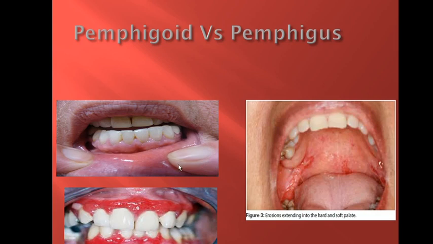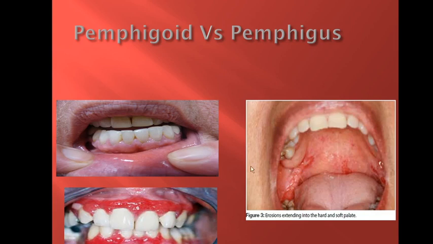Again, pemphigus affects the outer skin, which is the epidermis, and causes lesions and blisters that are easily ruptured.